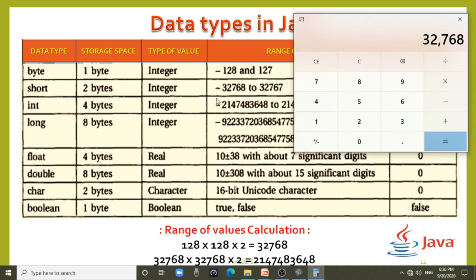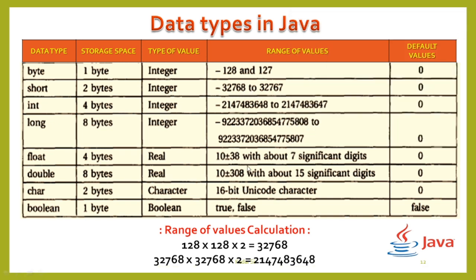It will display 32,768. Multiply by 32,768 into 2, it will display the next value, 2147483648, right? And if your calculator supports it, it will display the next value also. Okay, so these types of range of values are available in the Java program.